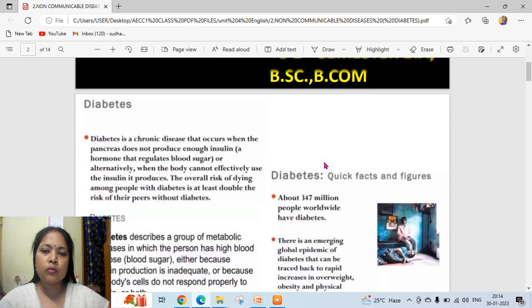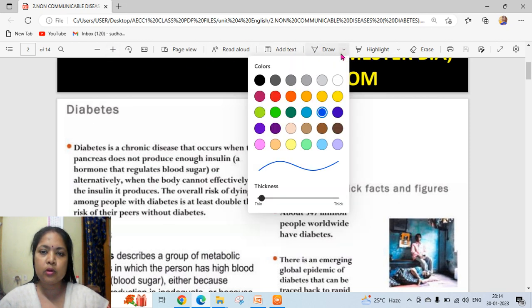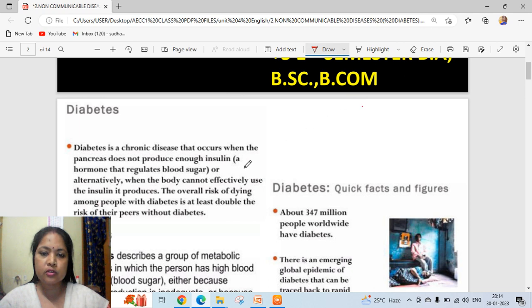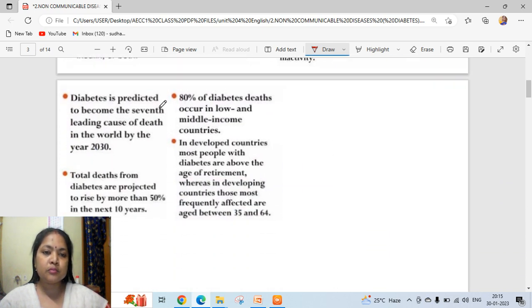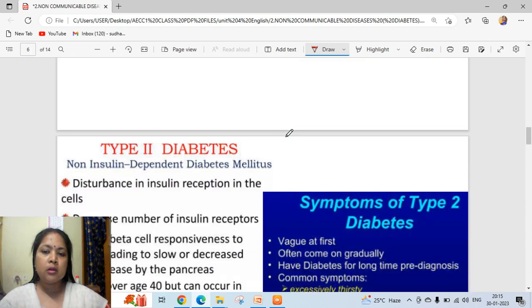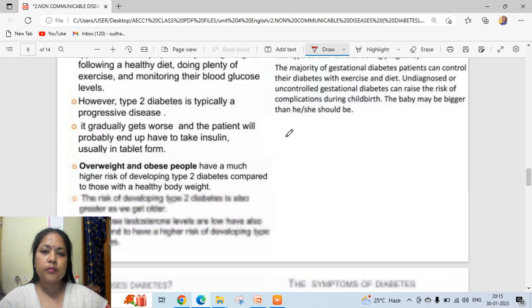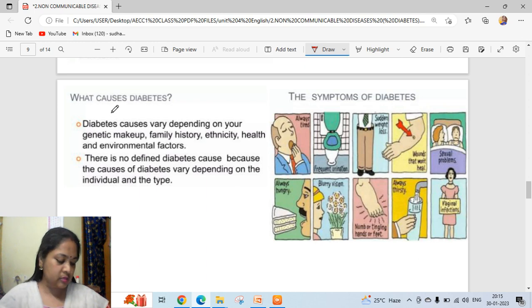If you watch from first to last, we will be able to learn the definition of diabetes, then statistics about diabetes, means how many people worldwide are affected by diabetes. Then types of diabetes, then what causes diabetes, means why we suffer from diabetes.